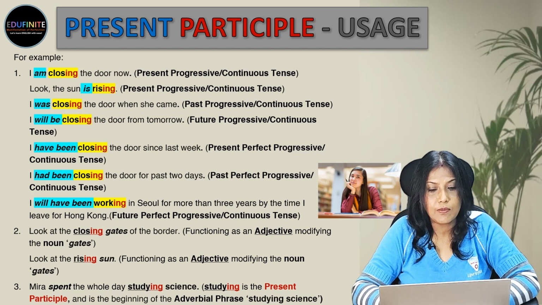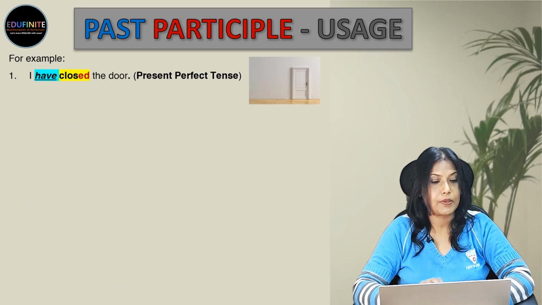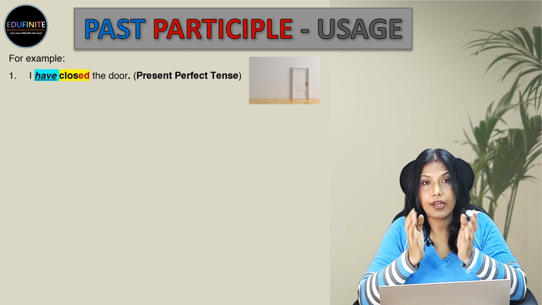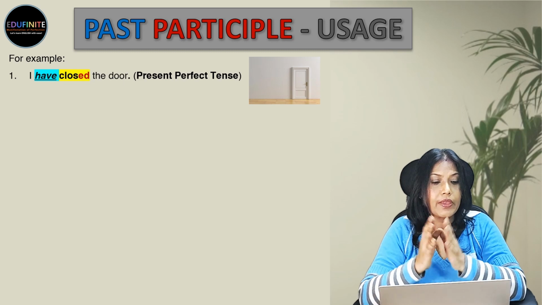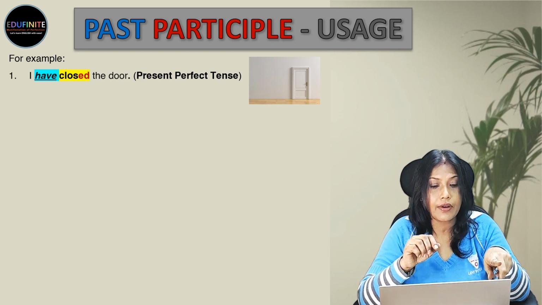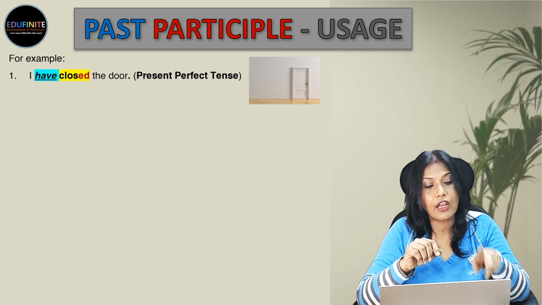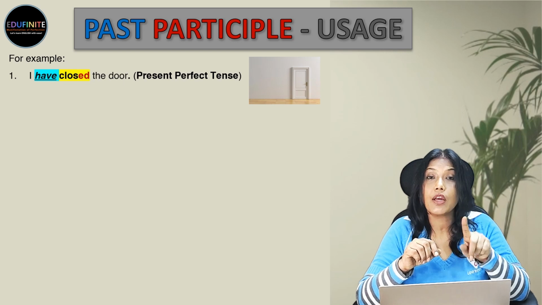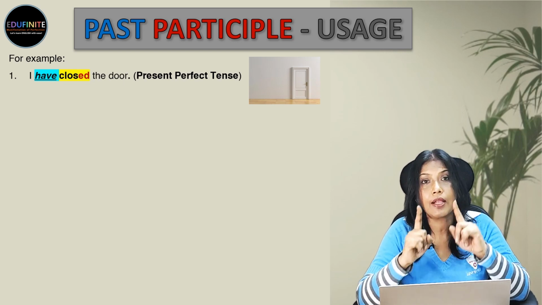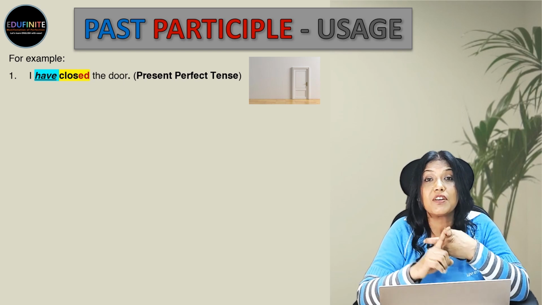Now, let's move on to past participle usage. The example: I have closed the door. See, here again, what has happened? We have changed the auxiliary. The auxiliary over here is have. Have closed, ed. So, we are using the past participle over here. With the help of the past participle and the auxiliary have, we have formed the present perfect tense.